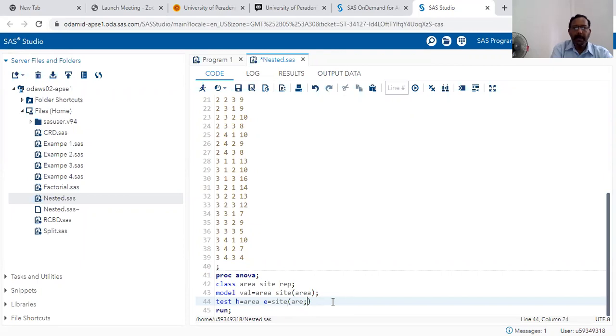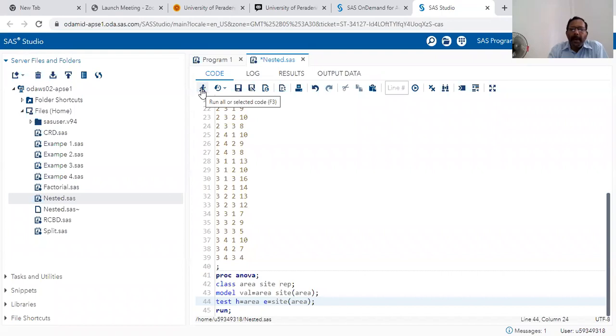That is the component. Right? Look very carefully. I am giving an additional statement: test H, the hypothesis, equals area, and E, the error, equals site within the area. Okay.